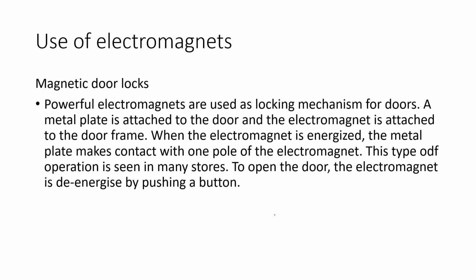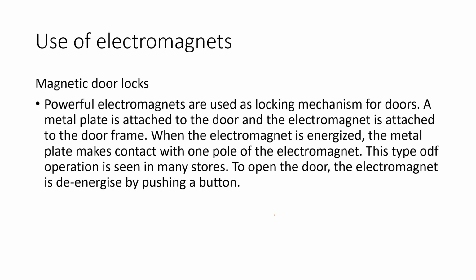So once you want the door to open, you have to cut the power from the electromagnet so that it no longer becomes magnetized. If it does not become magnetized, or if you cut the power source, that is how you're able to open the door. So that is typically one use of magnetic door locks in buildings, by just using electromagnets and metals to close the doors.